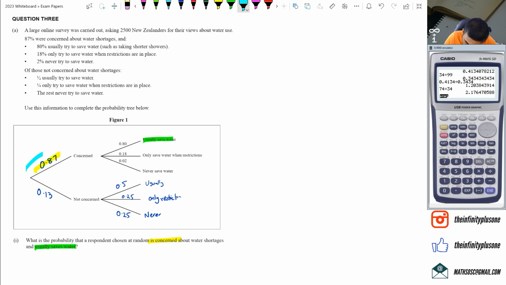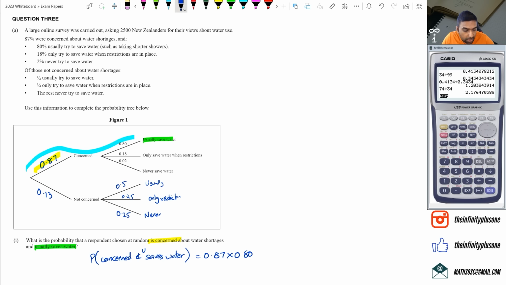So I'm looking at basically this branch here, which is going to be the probability of concerned and usually saves water, 0.87 multiplied by 0.8. 0.87 times 0.8 gives us 0.696. And basically that is worth an Achieved grade.